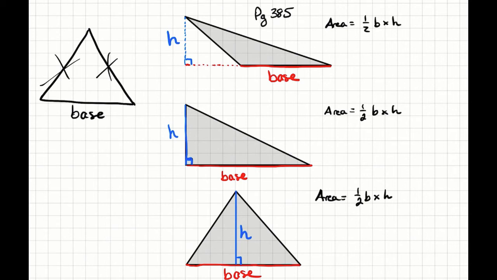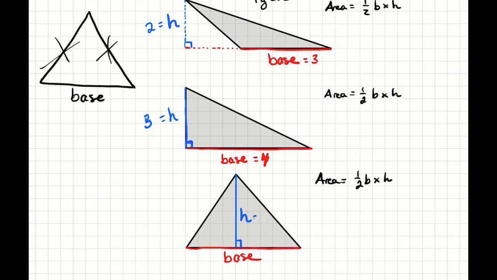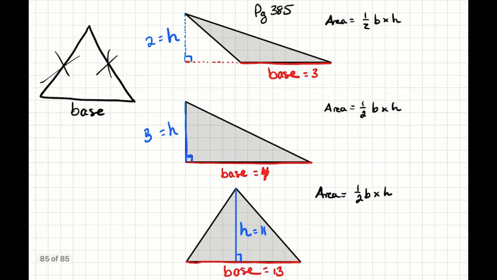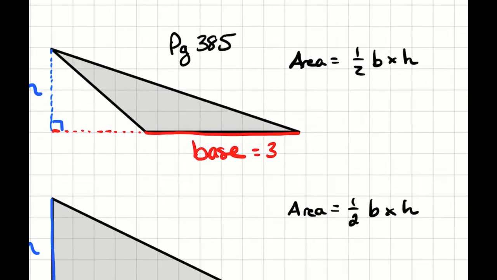I'm going to say that the height of this particular triangle over here is 2, and the base is 3. The height of this middle triangle is 3, and the base is 4. And then down here at the bottom, this height is 11, and the base is 13. And we're going to go ahead and just calculate these.